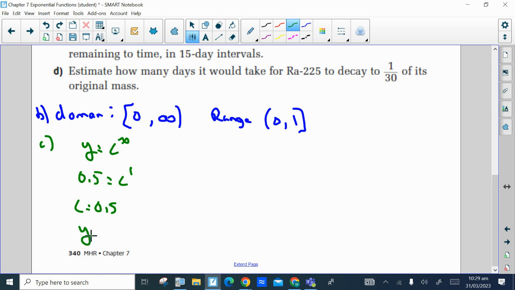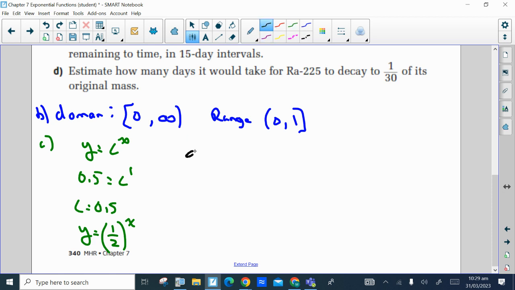And the equation will be y equals 0.5, or 1/2, to the power x. And we're going to see as we go through this chapter, as well as in chapter 8, whenever you have a half-life, whenever the amount is being cut in half every so many days or hours or minutes, the base is always going to be a half. Okay, so there's part C.